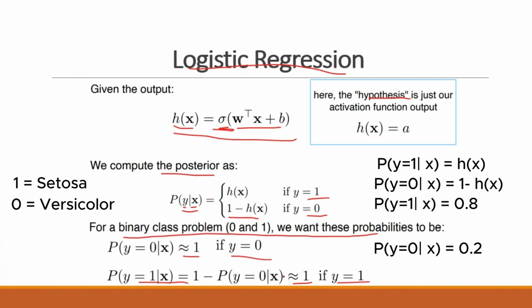So it depends on which probability we want to be maximized, depending on the true label. We will look at how we can do that with a loss function in the next video. But this is the basic setup. So we want a high probability for the certain true class. Vice versa can also be done for setosa as well. I hope you understand the basic idea, and we'll explore more in the next video.